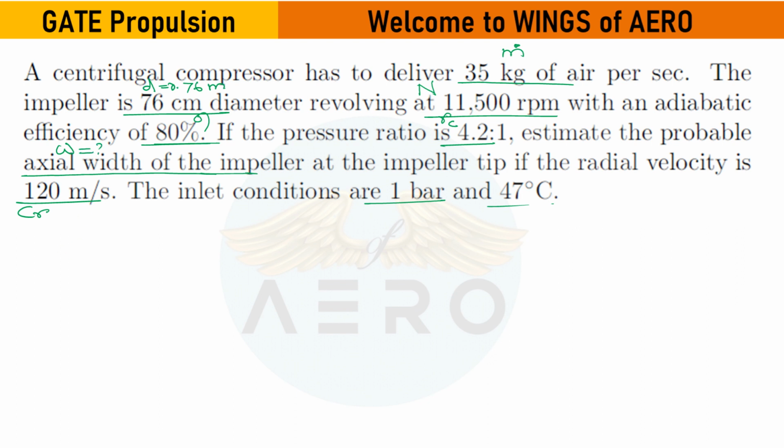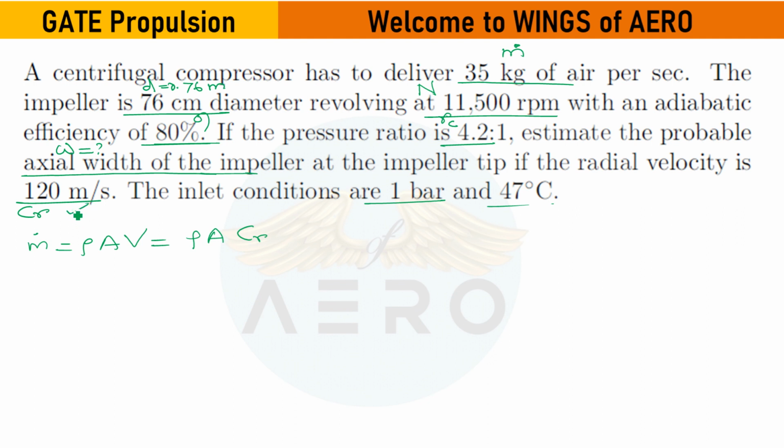Now what is the formula? Based on the given data, let's first write down the formula. What is the mass flow rate formula? m dot equals rho A V. Do you know V? Instead of V, we will use the radial velocity: m dot equals rho A CR.